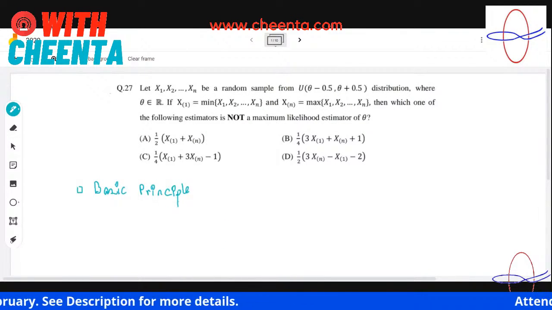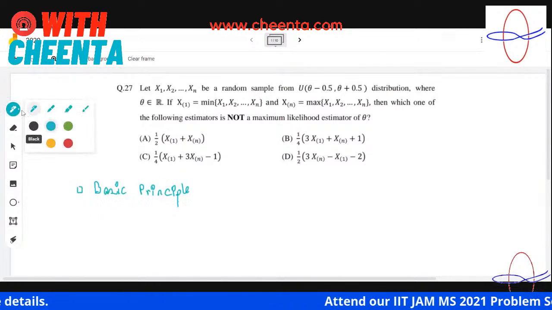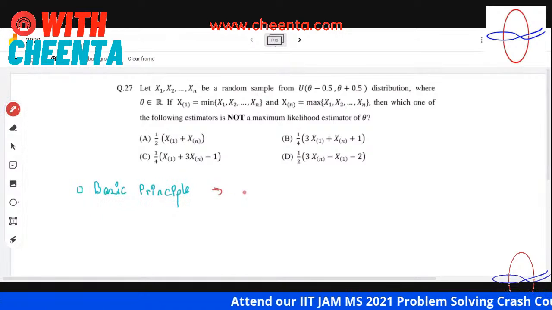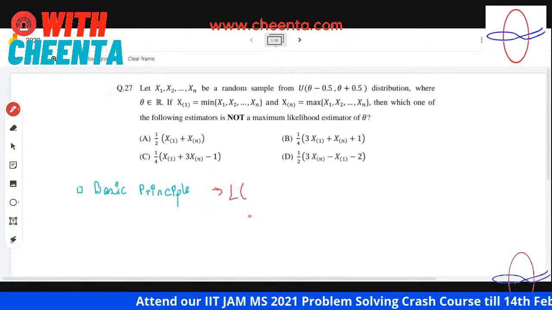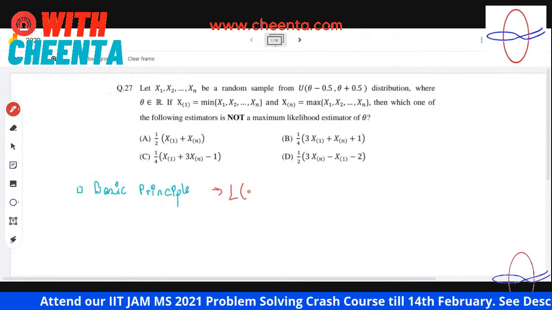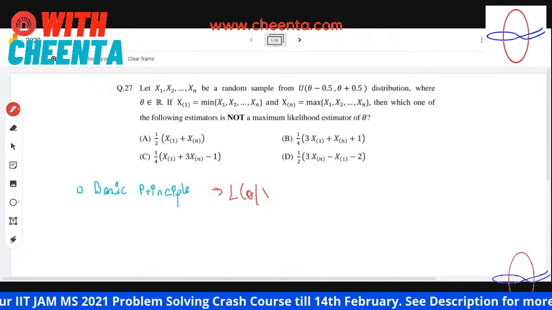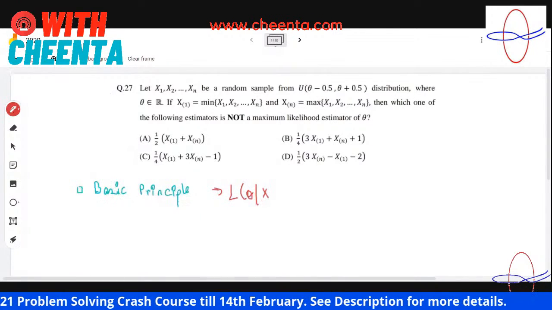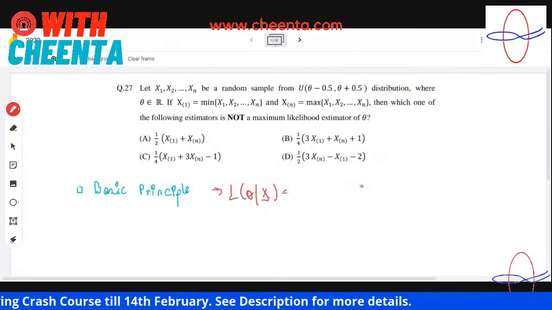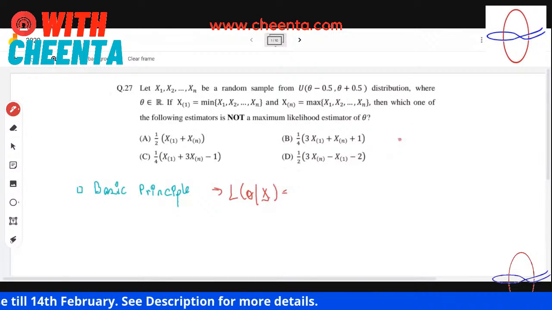The basic principle is that you just write the likelihood, guys. So the likelihood of theta given the data x. We have to write the likelihood of the data. So f of x is what?